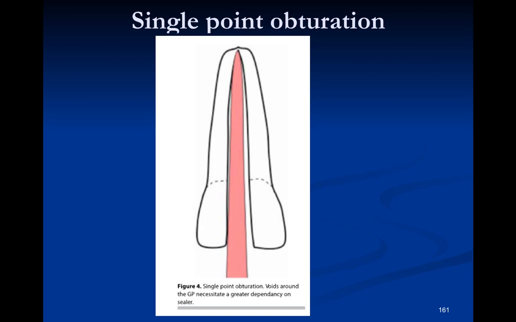After filling with the sealer, we should insert one gutta percha inside of the canal, and then we can sever it at the crown level. After that, we can restore the crown part of the tooth.